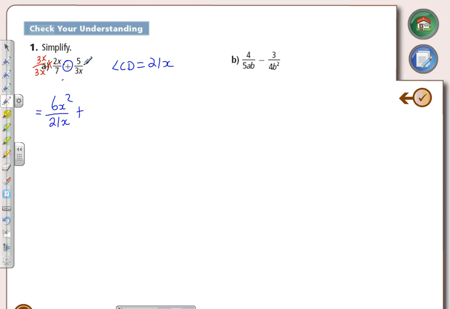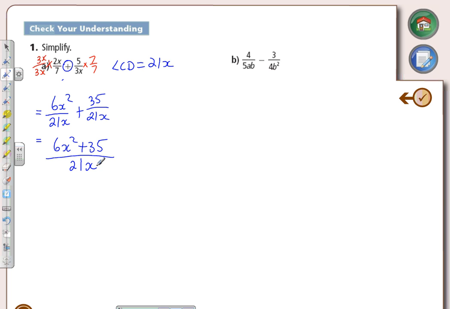We have 3x, we need to get 21x, so we're going to multiply by 7 over 7. And that gives us 35 over 21x. And now, because we've got a common denominator, we can just add the numerators together: 6x squared plus 35 over 21x.